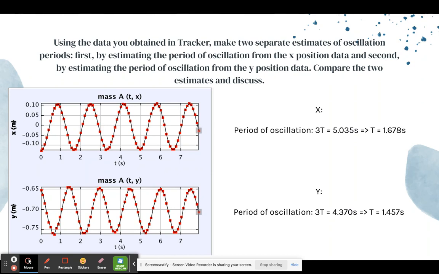The X is mainly affected by the spring force, while the Y component is mainly affected by gravity. So those oscillations are going to have very slightly different periods of oscillation because different forces are acting on them, if that makes sense.